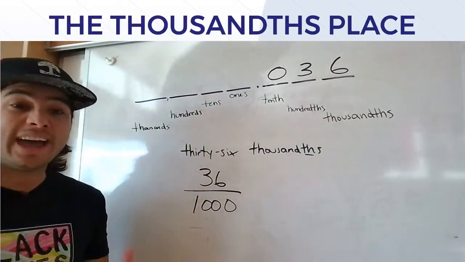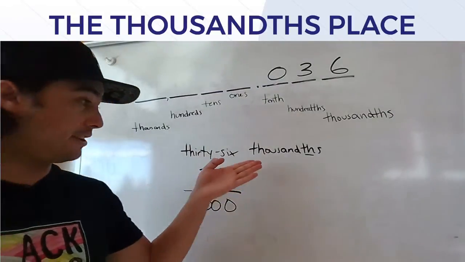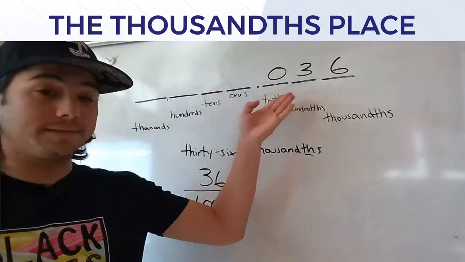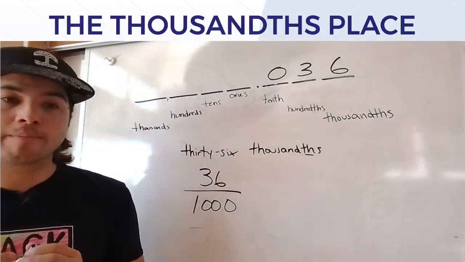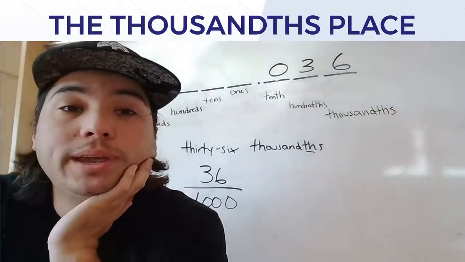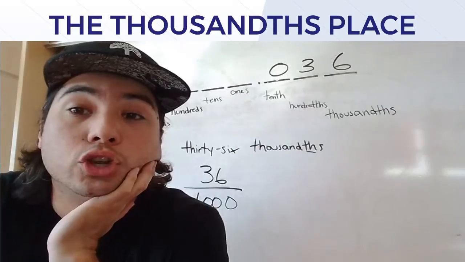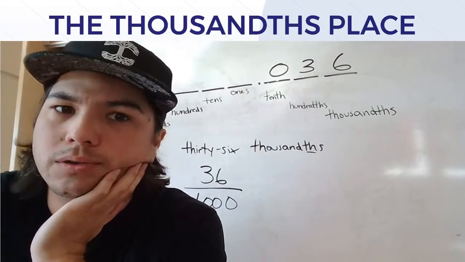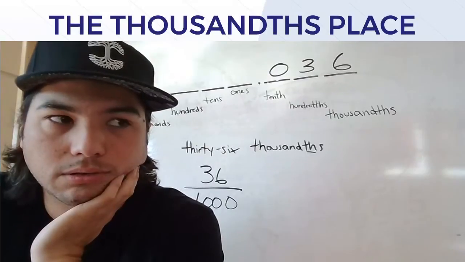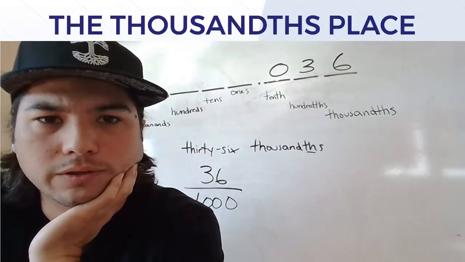All right, exit ticket, very similar to this. You're going to have to name some. You're going to have to write some based on the name. All right, should be pretty straightforward. Remember, because it's conference week, there's no small groups this week for math. You are on your own, but I think you can handle it. I believe in you.